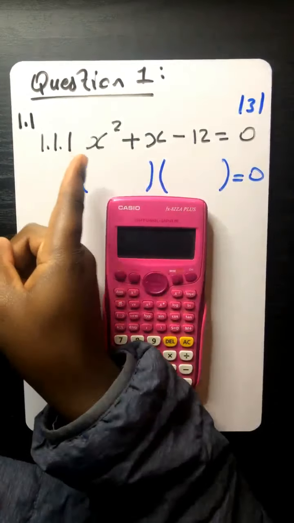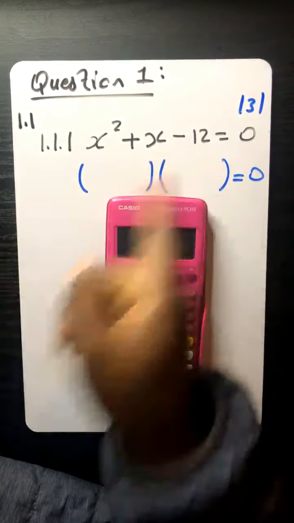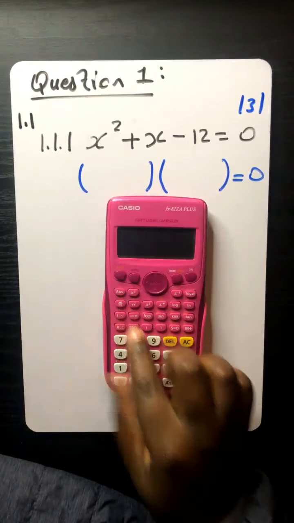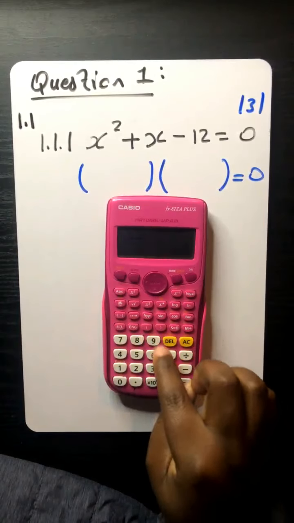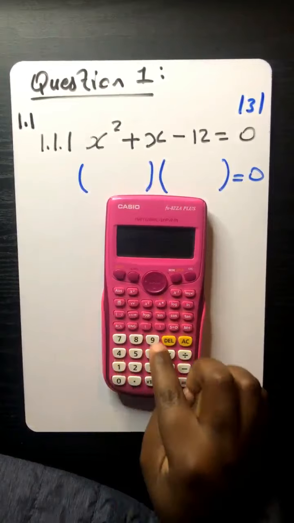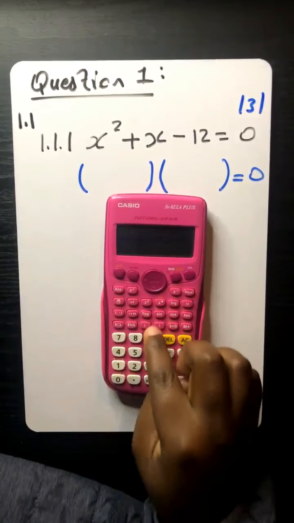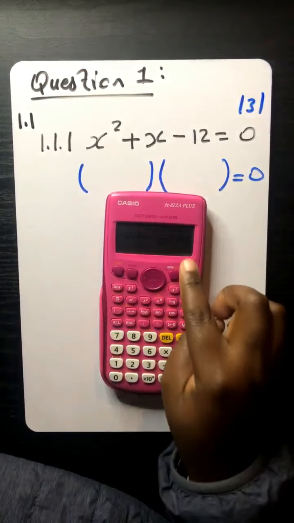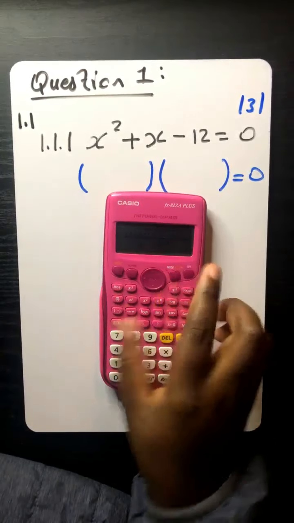So you know your A is 1, your B is positive 1, and C is negative 12. So it's negative B, what is your B? It's positive 1, plus or minus the square root of B squared minus 4AC, over 2A, where A is 1. So you are getting 3 as your first possible answer.